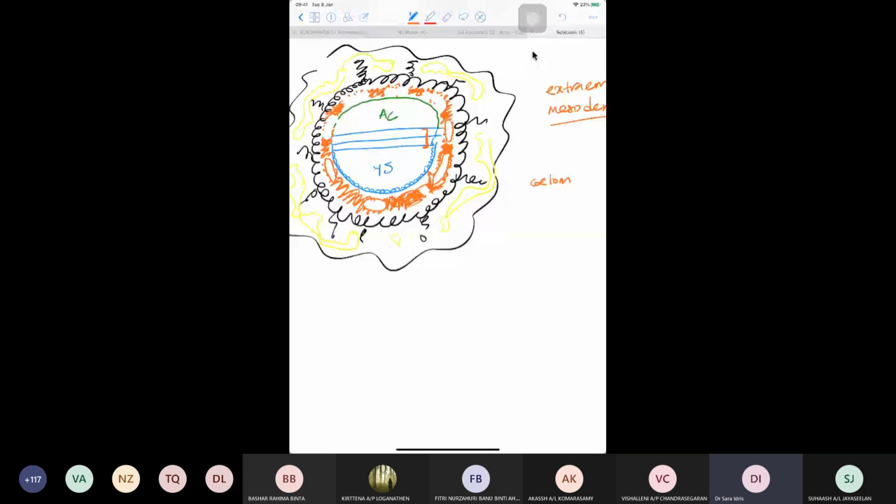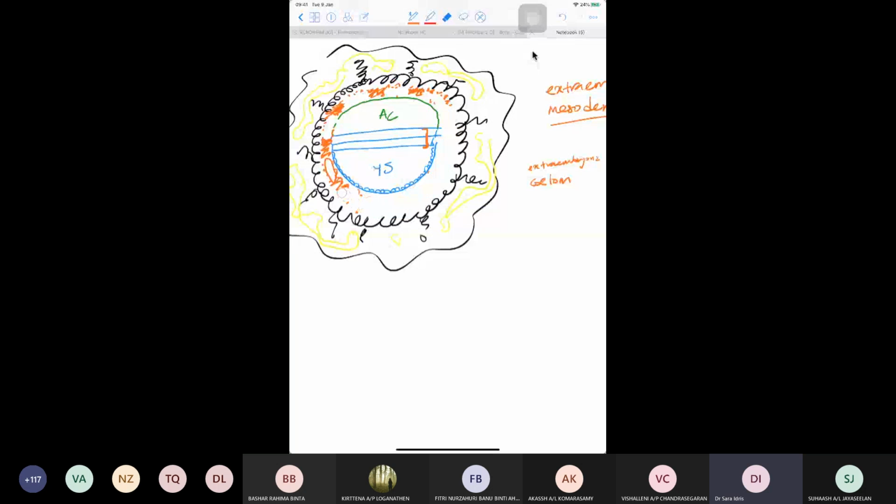And all of this extra-embryonic coelom will eventually coalesce together. So all of it will come together, and it will form a cavity.